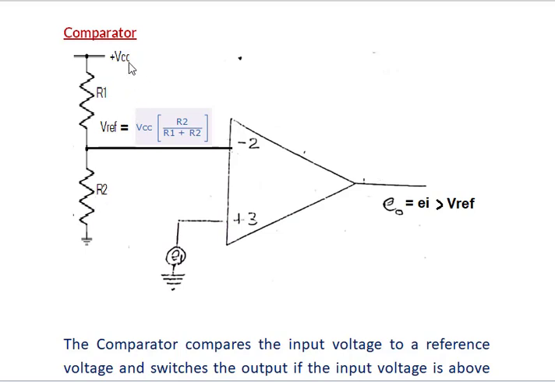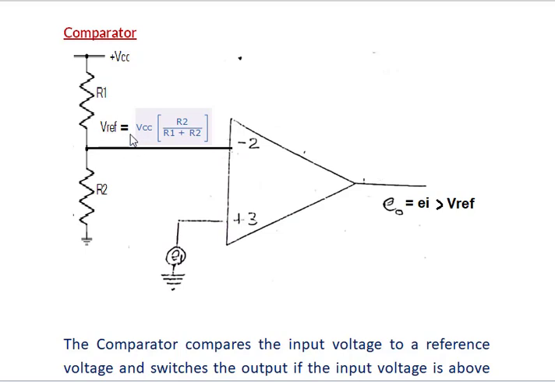We are applying plus VCC here. Depending upon the values of these two resistors, the voltage across the resistor R2 is calculated as V reference equal to VCC into R2 divided by R2 plus R1.